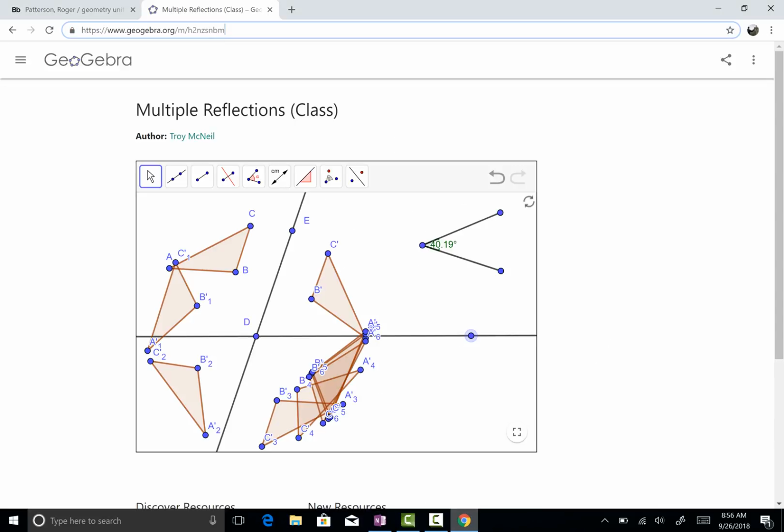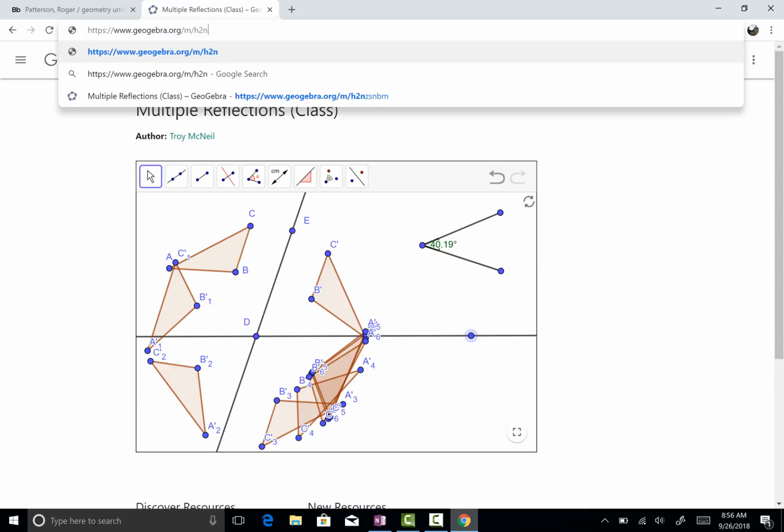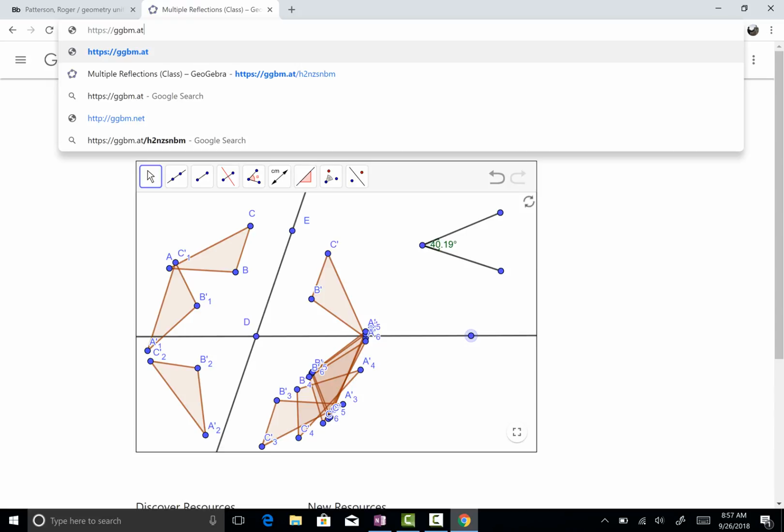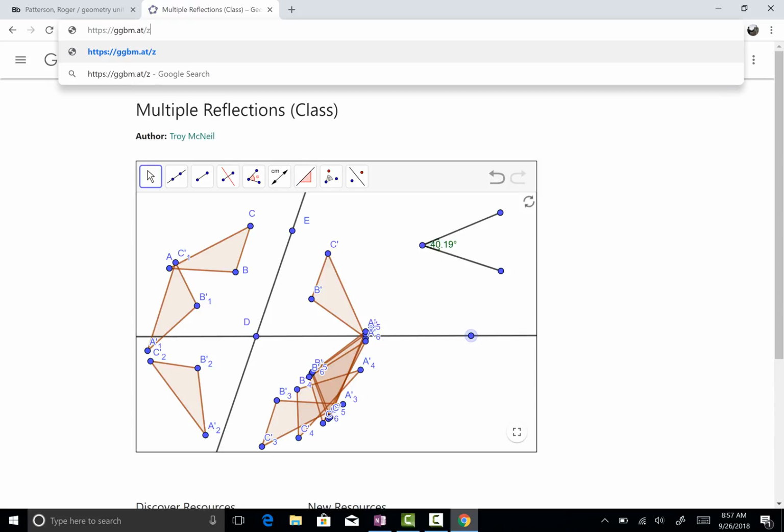Okay, so our next one, we're going to go all the way back to the link. Type this one in, https:// GG, and I'll write up there on the board again, VM period at /ZVJRCWZE.